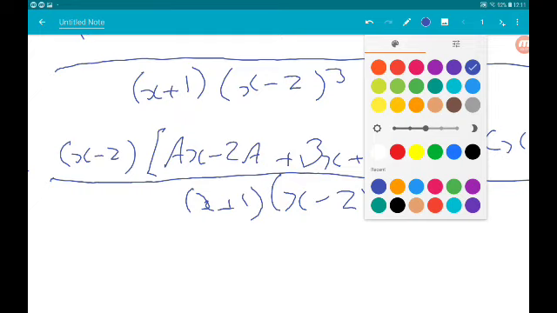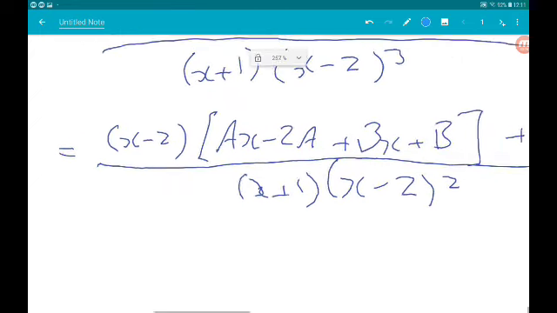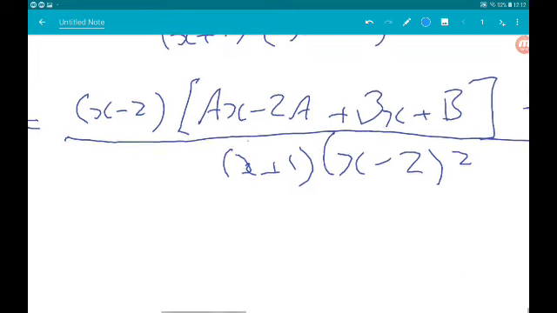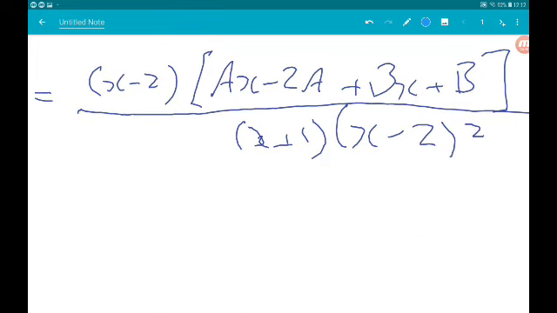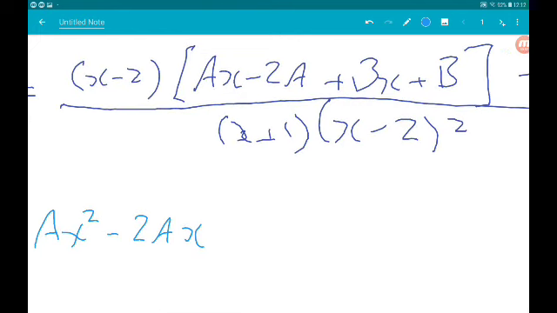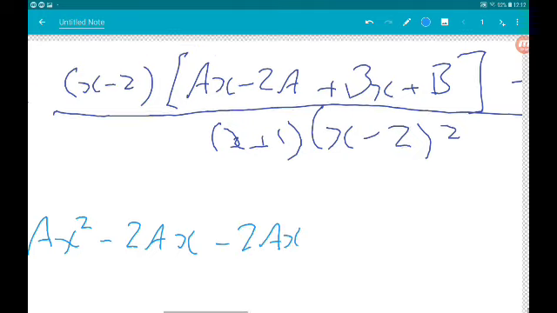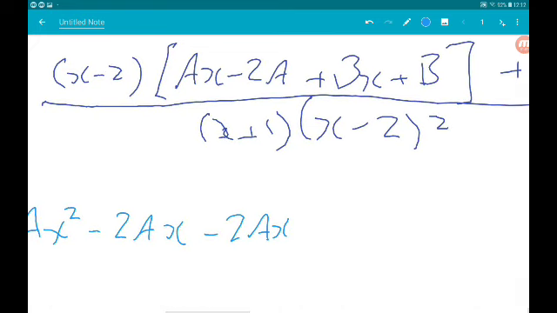Let's change the colour too. So, up on top, x times Ax is going to give us Ax squared. Minus 2 times Ax is going to give us minus 2Ax. X times minus 2A is going to give us minus 2Ax. Minus 2 times 2A is going to give us plus 4A.